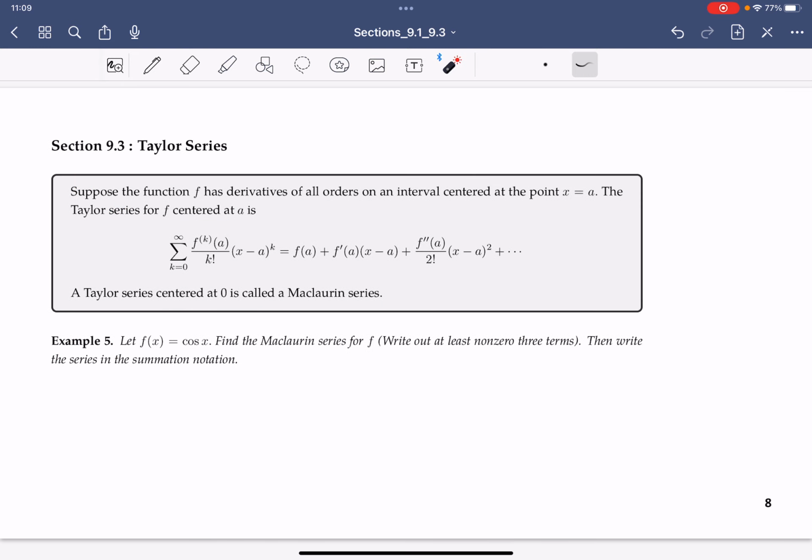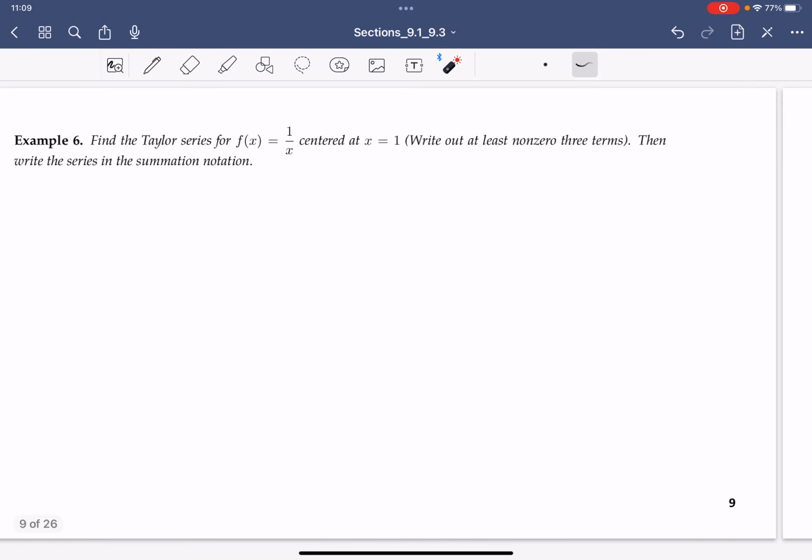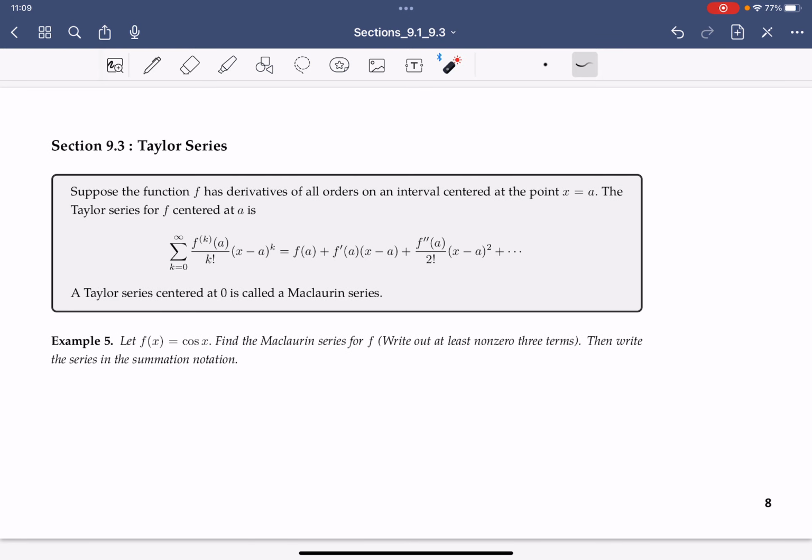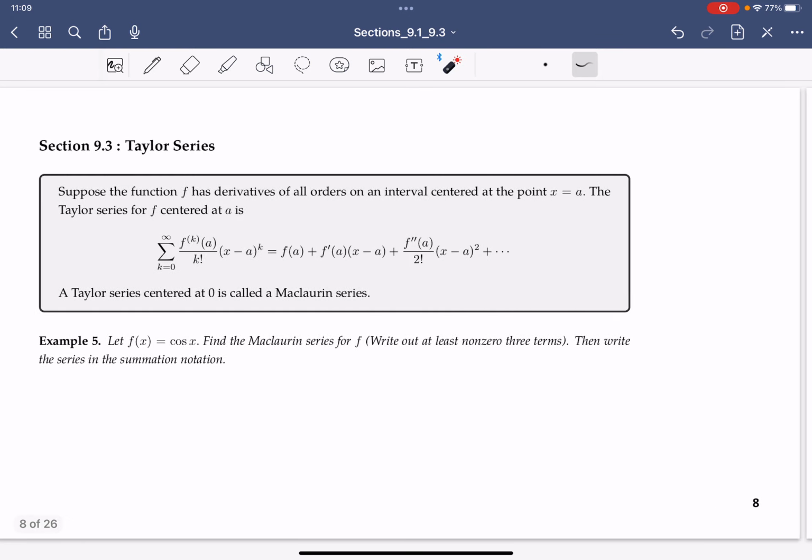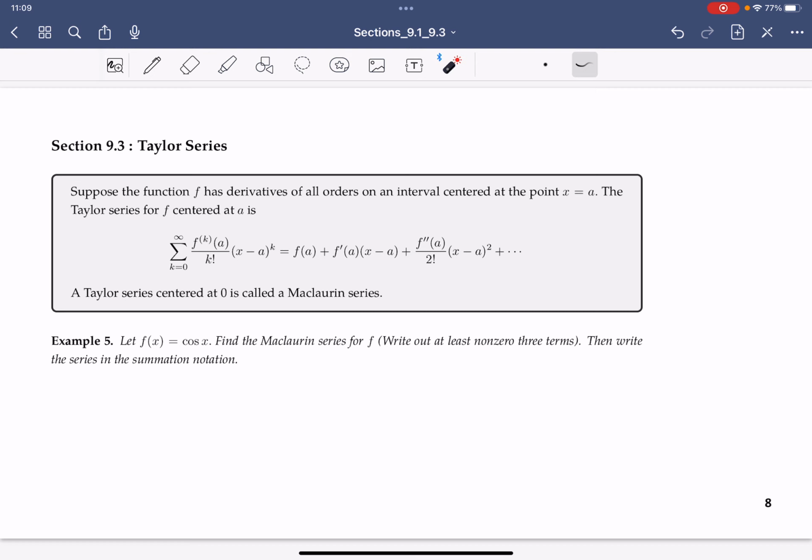Now if you expand everything to infinity, it's going to be called the Taylor series. We're just going to expand the Taylor polynomial to the Taylor series. And I think we should do cos x and 1 over x here. Okay, cosine x.